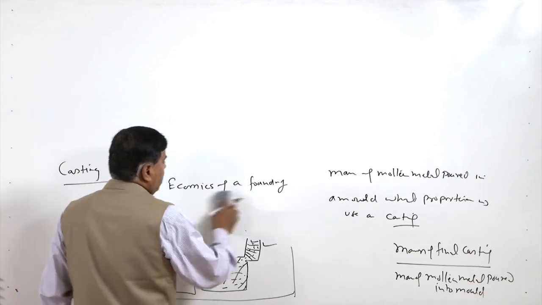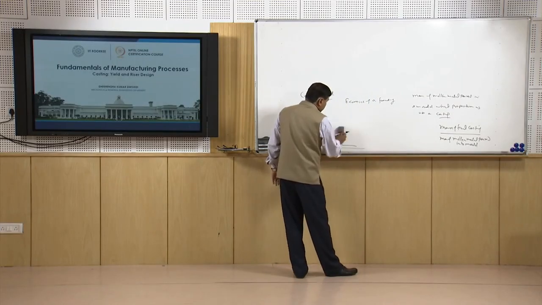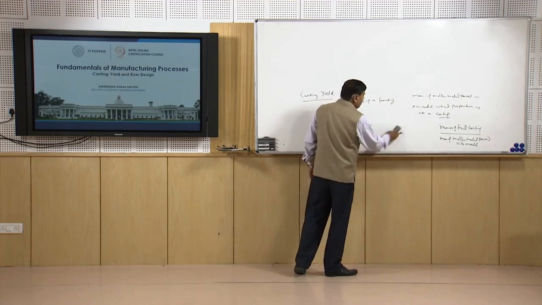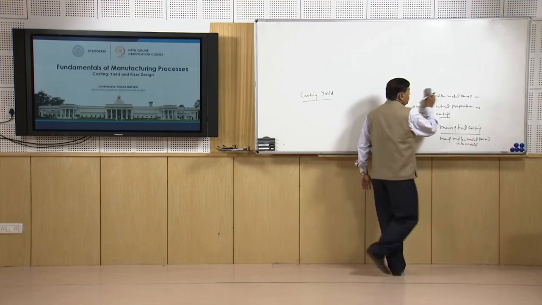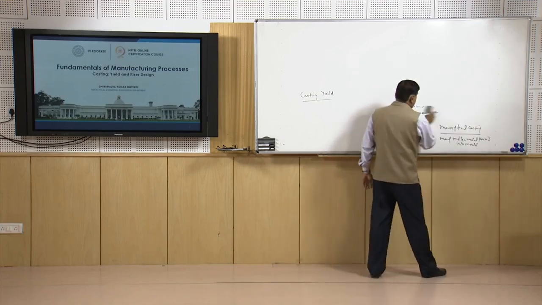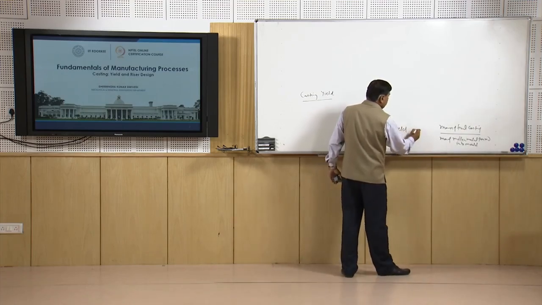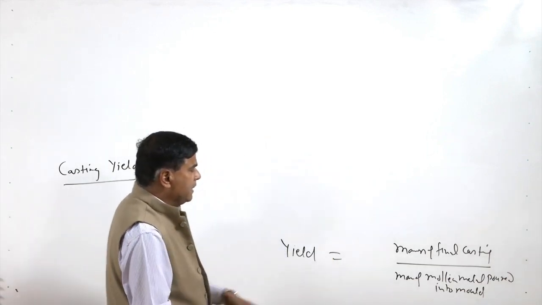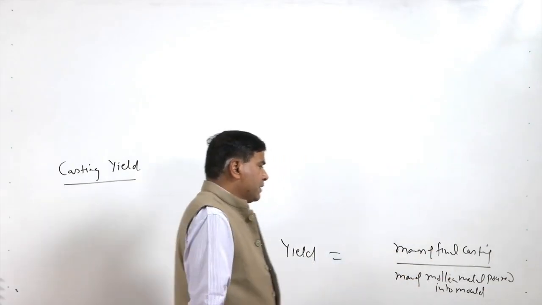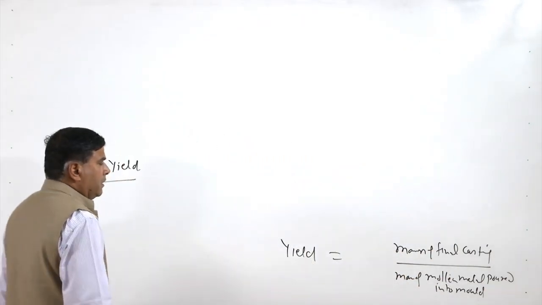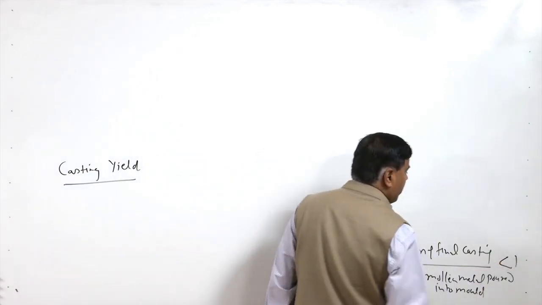This ratio reflects the yield. So, casting yield is basically the mass of the final casting divided by the mass of the molten metal poured into the mold, and this ratio is usually less than 1.